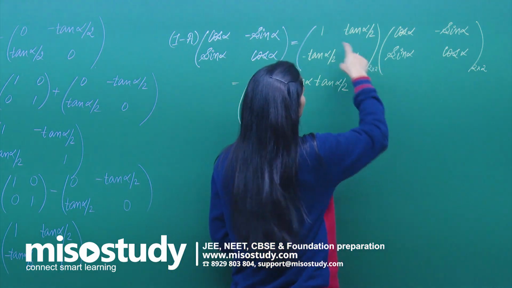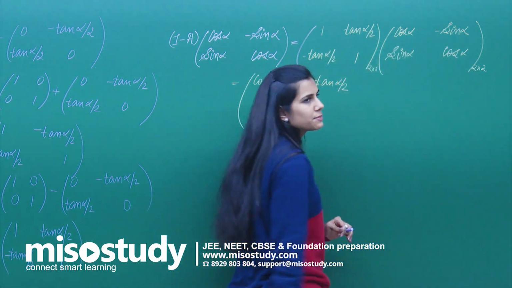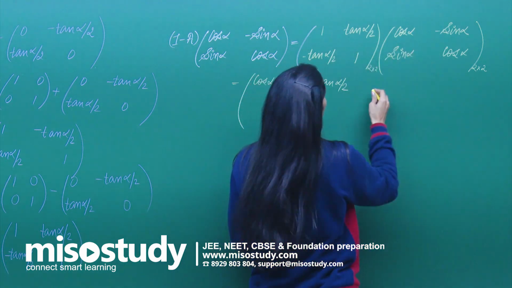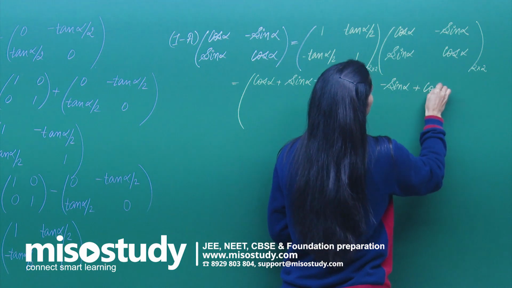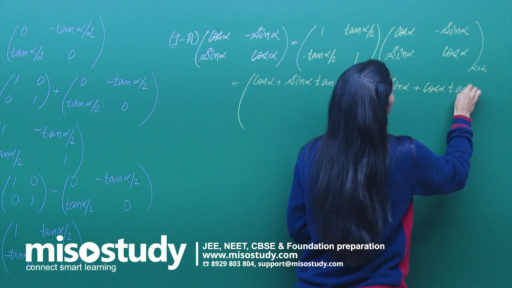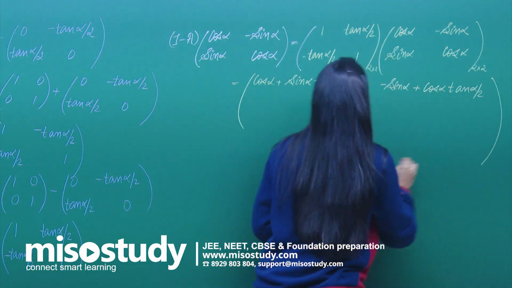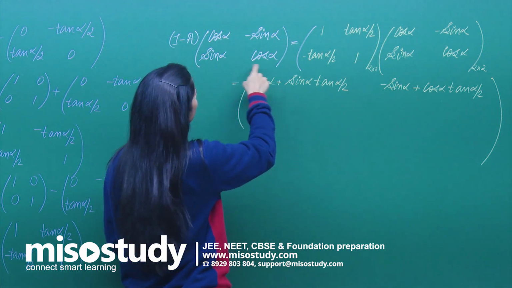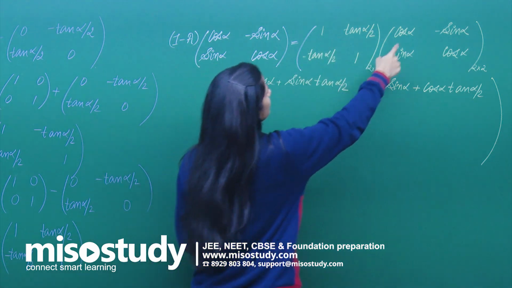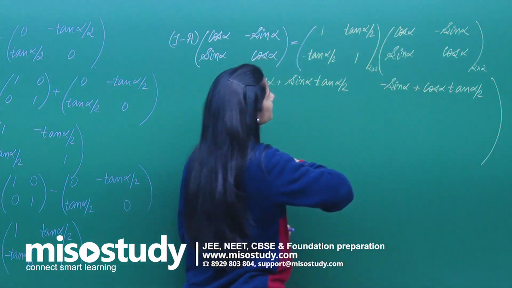Then the 1 2th entry will be obtained when the first row here is multiplied with the second column here. So it is minus sin alpha plus cos alpha into tan alpha by 2. Then the 2 1th entry is obtained when the second row here gets multiplied with the first column.